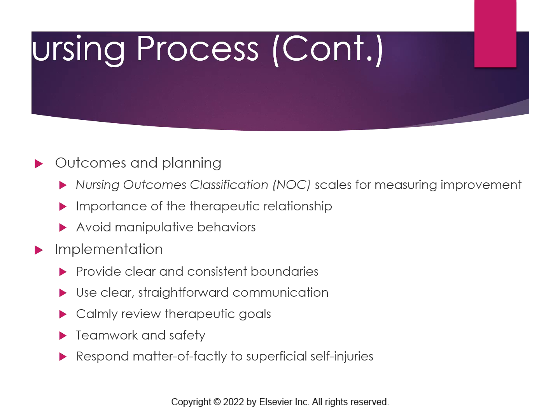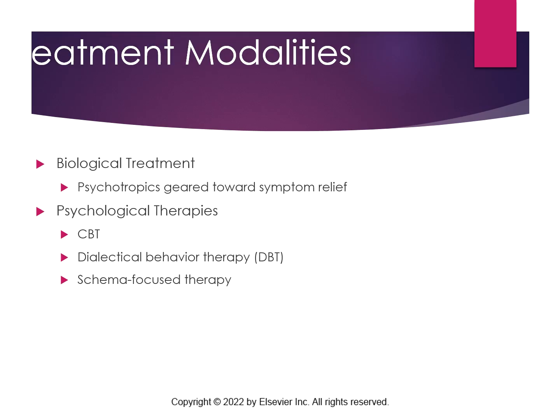Therapies such as dialectical behavior therapy and mindfulness-based therapies offer staff evidence-based interventions. It also offers clinical structure and formalized support for identifying the best practices for your nursing actions. The treatment modalities include biological treatment, the psychotropics geared toward symptom relief here.